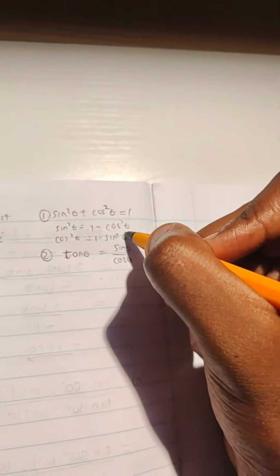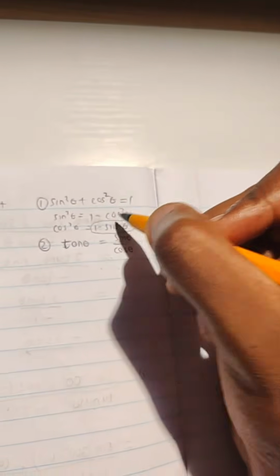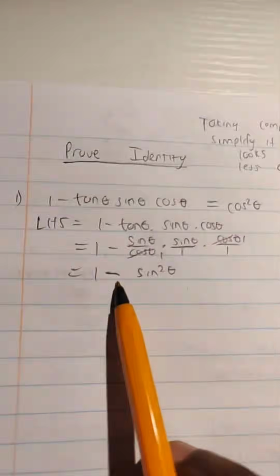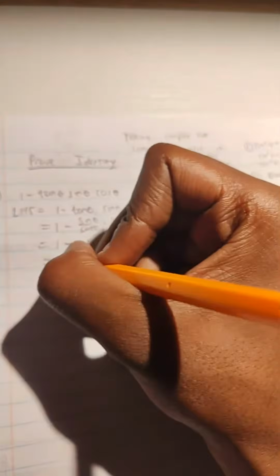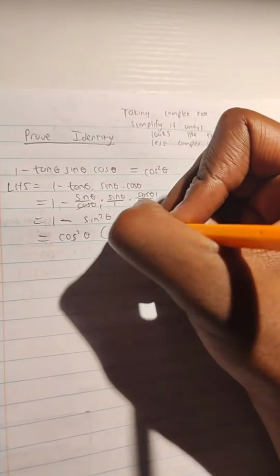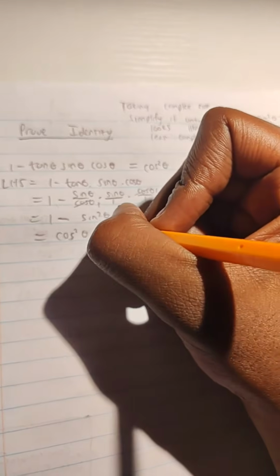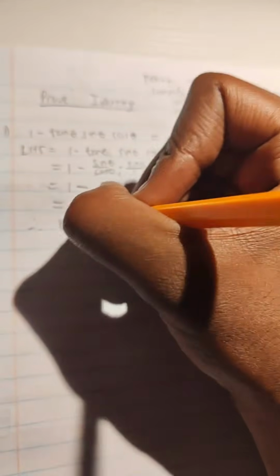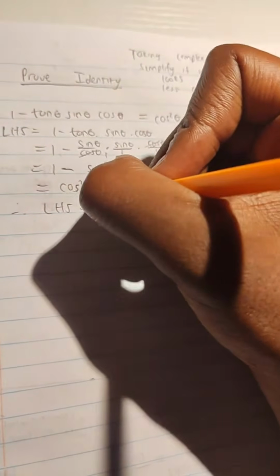Because now I'm having to use this very expression to then substitute in the place of 1 minus sine squared theta what? Cos squared theta. And what is this? This is the right hand side, which is this here. So that's where you can conclude that LHS is equal to RHS. That's been proved.